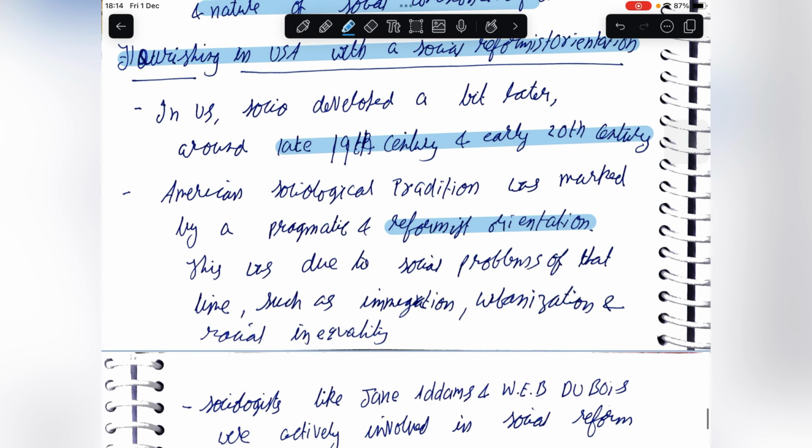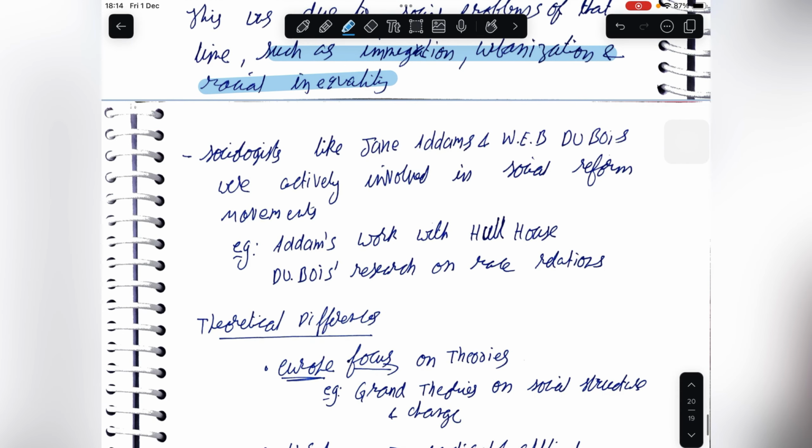So why is it so reformist? Because there were many problems at that time in the USA, such as immigration, urbanization, and racial inequality. So sociologists like Jane Addams and W.E.B. Du Bois were actively involved in social reform movements.